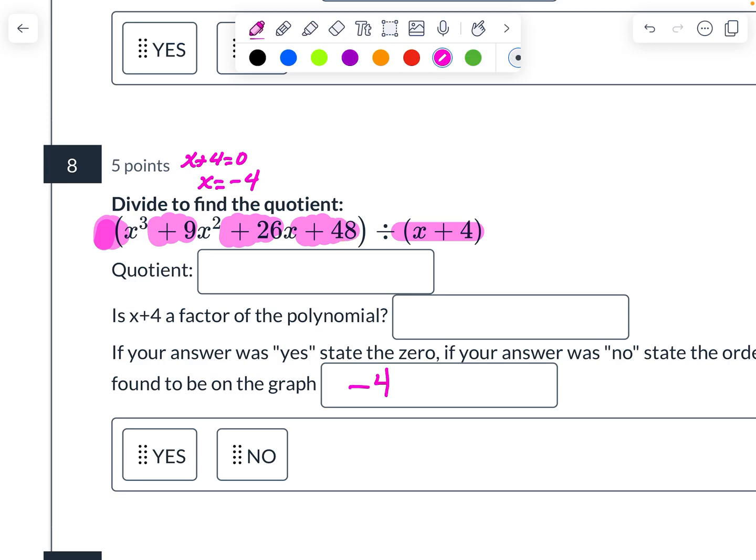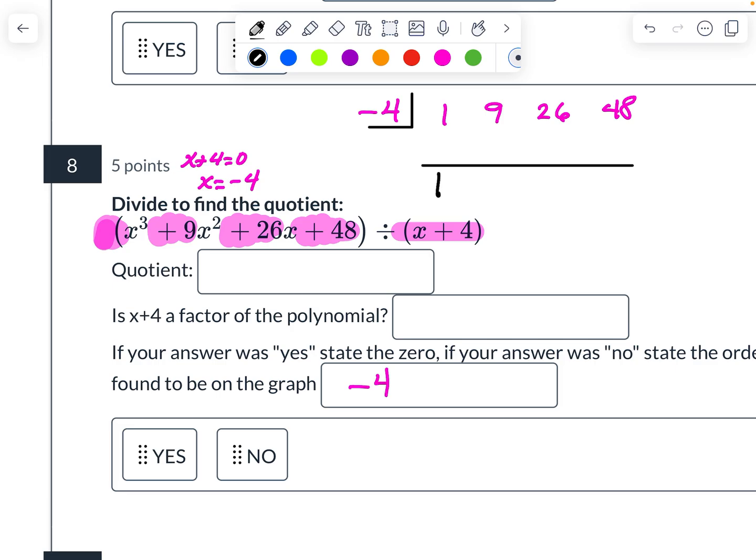And I'm going to write those. So I have a -4 in the box, and a 1, and a 9, and a 26, and a 48.